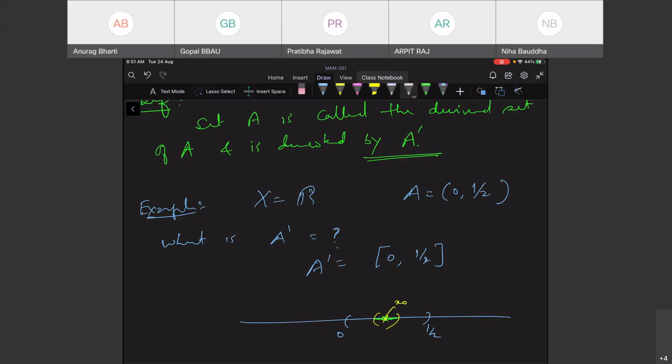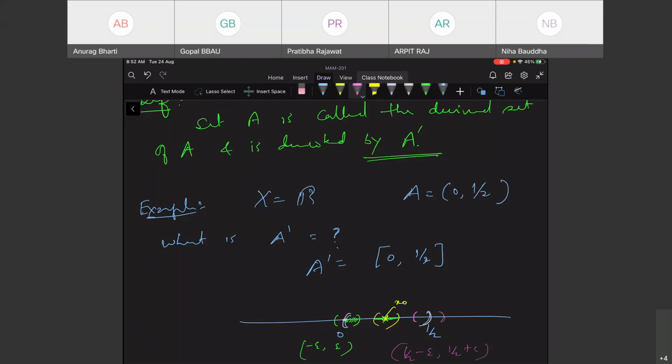In addition to those points, this point 0 is also a limit point, because when you take a neighborhood containing 0, it will be of the form (minus epsilon, epsilon), and this part is the intersection part. Similarly, any neighborhood of 1/2 will be of the form (1/2 minus epsilon, 1/2 plus epsilon).